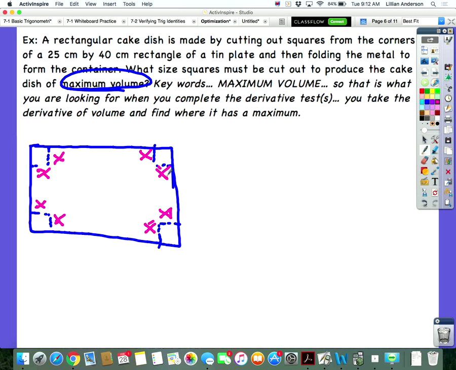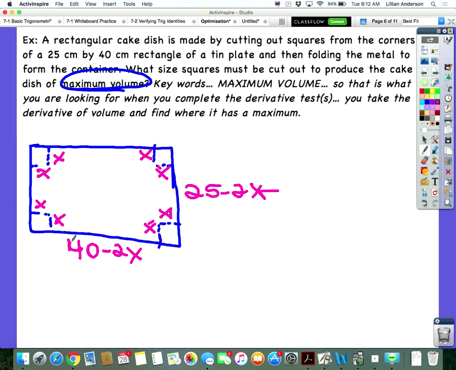But if I cut off these corners, what are my dimensions now? 25 minus 2x, because I cut an x from this side as well as that side. And then 40 minus 2x.